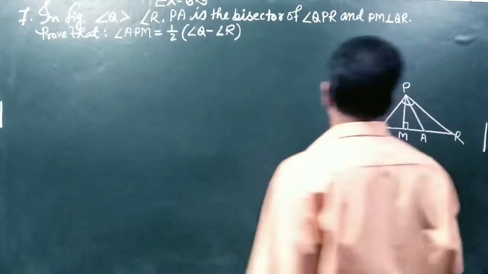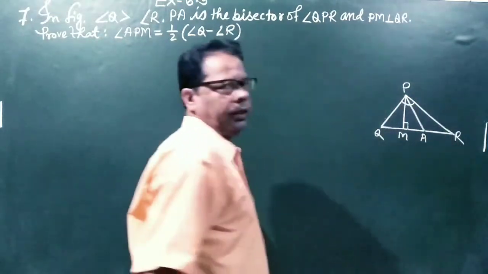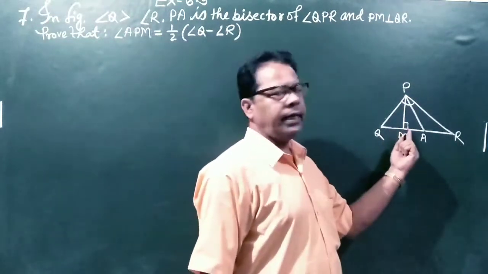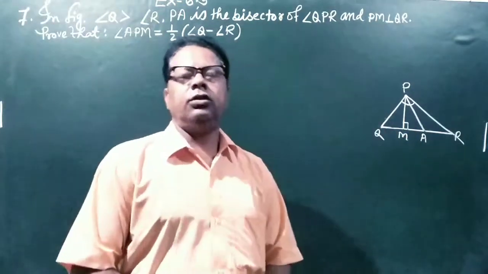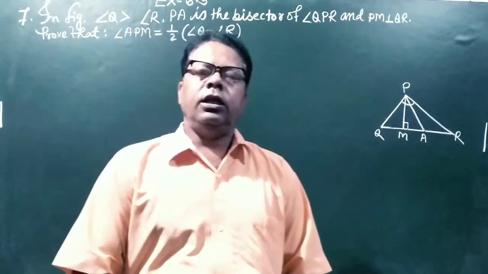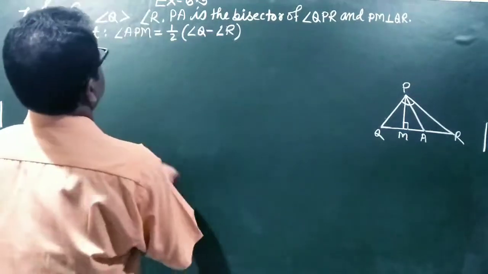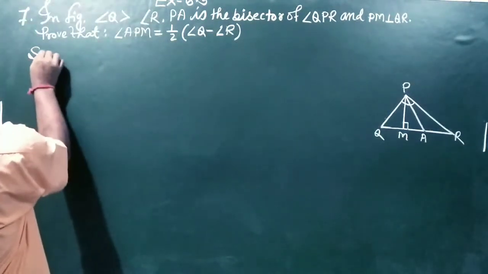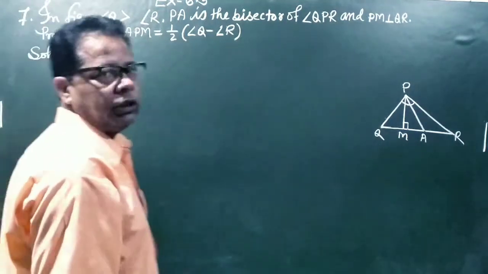So here it is given that PM is perpendicular to QR, means angle M is 90 degrees. We know that the sum of three angles of a triangle is 180 degrees, and we have also learned the exterior angle theorem before. So here in question number 7, the sum of three angles of a triangle is 180 degrees.